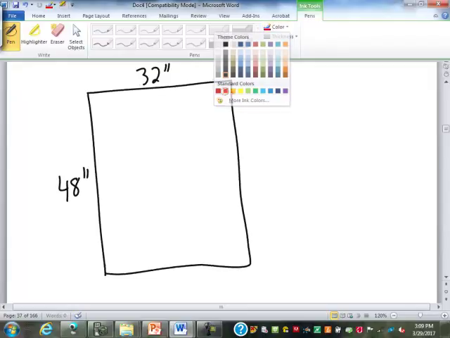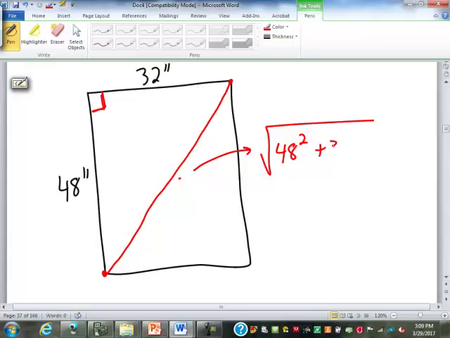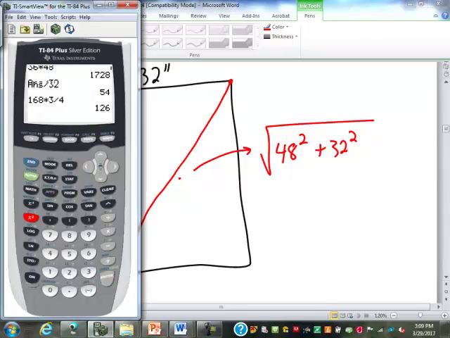If I want to know what the measurement should be corner to corner across this, I could go off the fact that I want that to be a right angle. This distance here would be a squared plus b squared equals c squared. Well, I can take a shortcut and use the square root of 48 squared plus 32 squared. I get 57.6888.